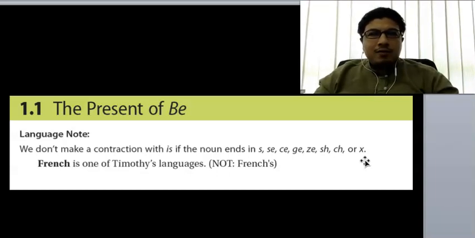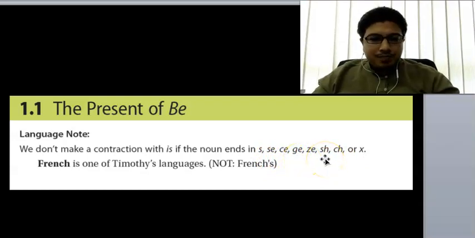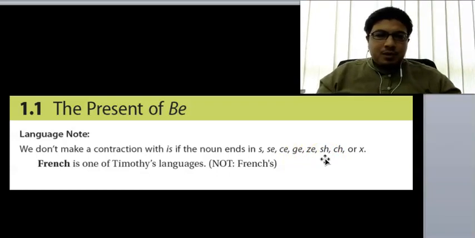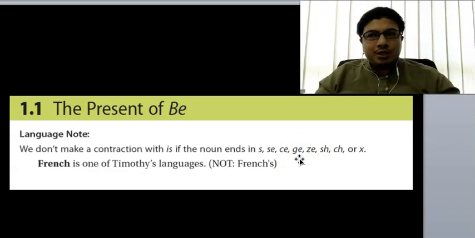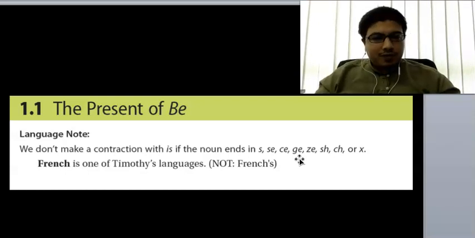Can you think of other words that end with s, se, ce, ge, ze, or sh? The word language, for example, ends with ge. So when you say the language is difficult, you don't write the language apostrophe s difficult when you put it in writing.